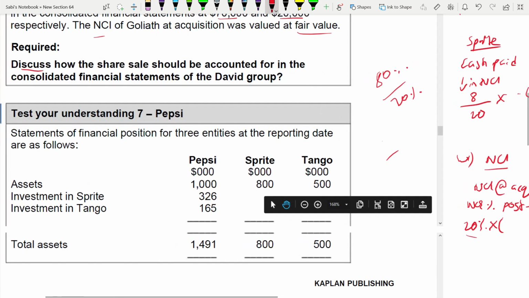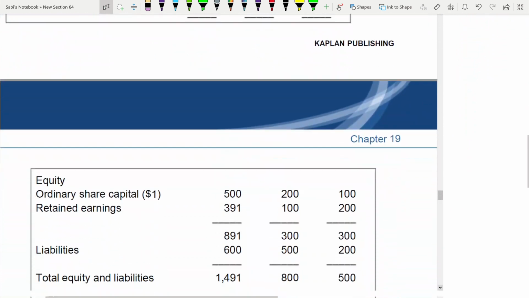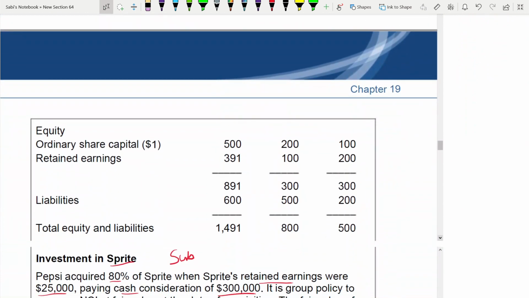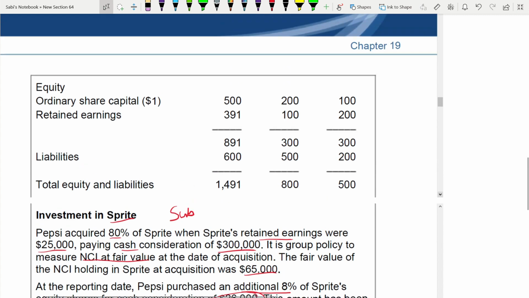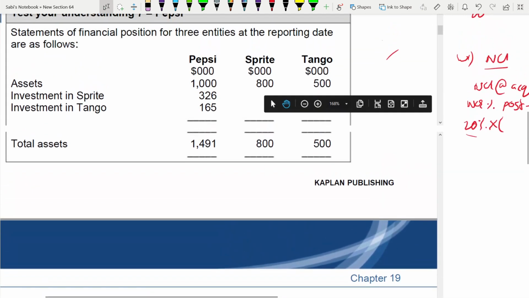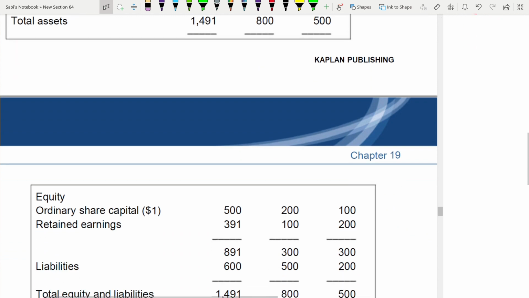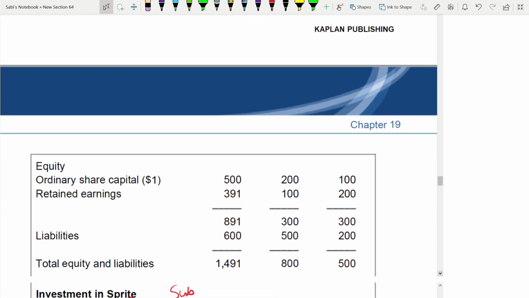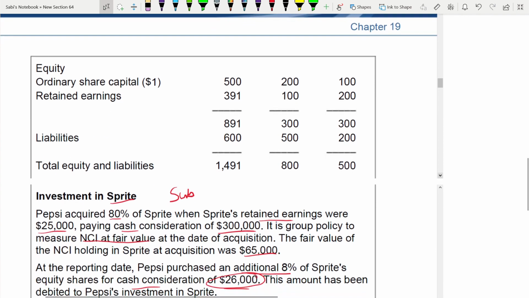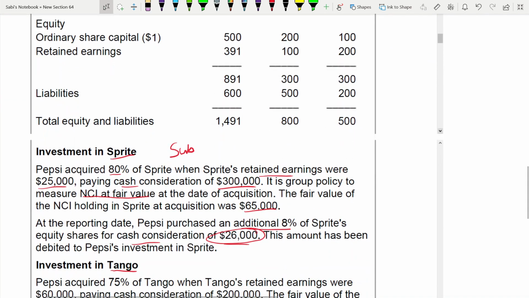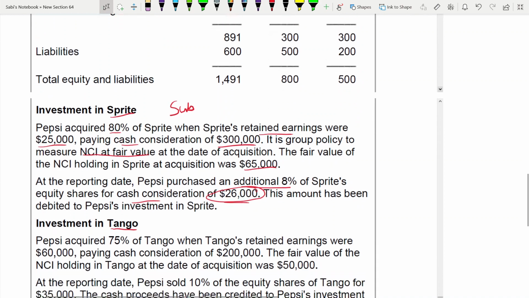So what was the net asset? They have not given it here, but you can find it from here.